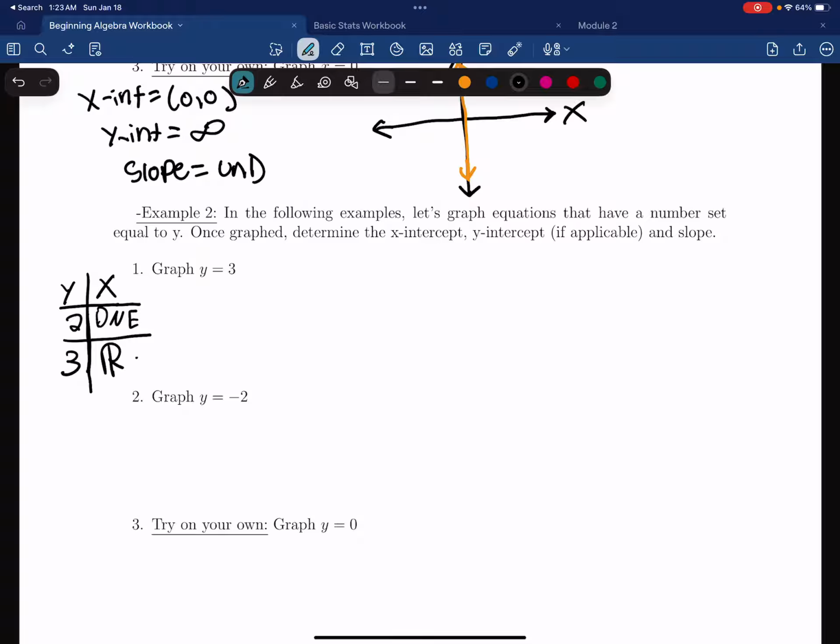What this means in terms of our x values is that we have infinite x values. Recall this sign means infinity. So when y is 3, we have infinite x values. So let's sketch this out visually, see what this looks like.